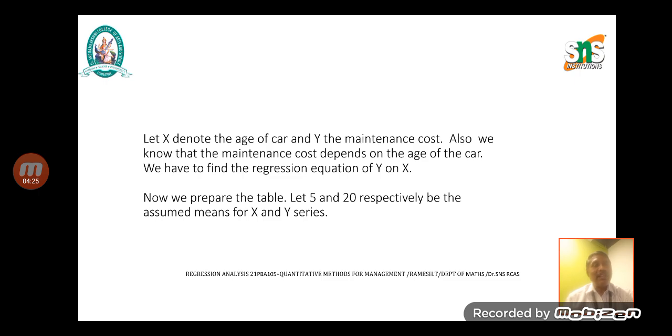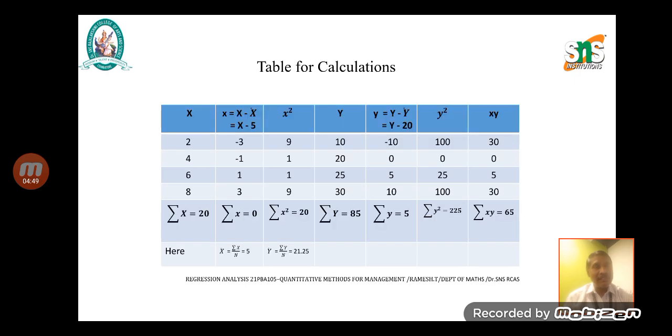Now we let x denote the age of cars and y the maintenance cost. Also we know the maintenance cost depends on the age of the car. We have to find the regression equation y on x. Now we prepare the table. Let 5 and 20 respectively be the assumed means for the x and y series.